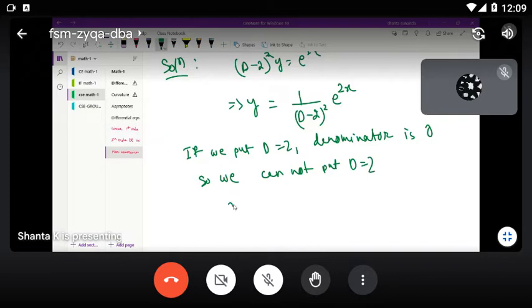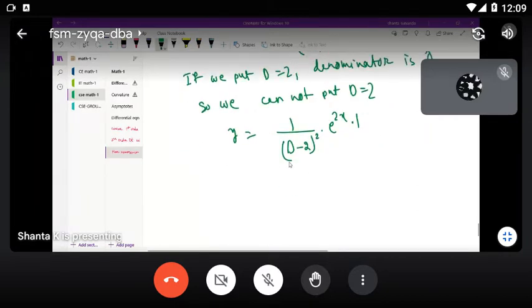Okay. Now y equals 1 by (D minus 2) square, so we will be using e power 2x dot 1. And D will be replaced by D plus a, like e power ax V form, the second formula.